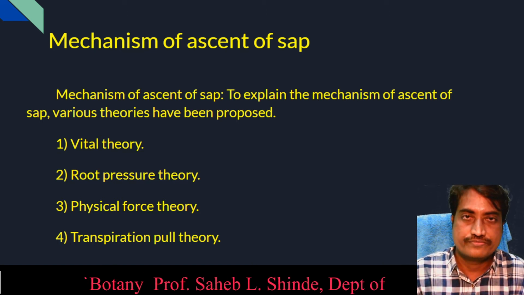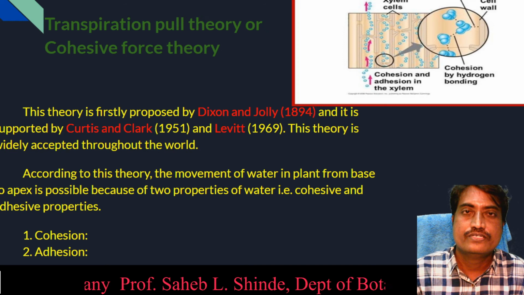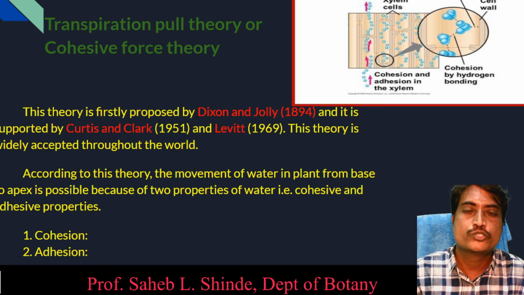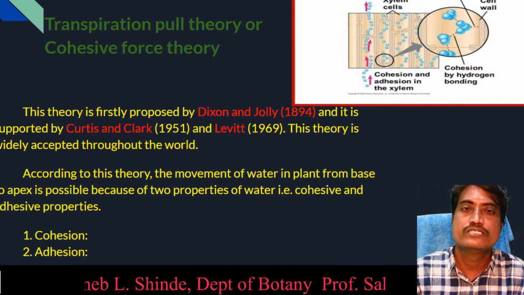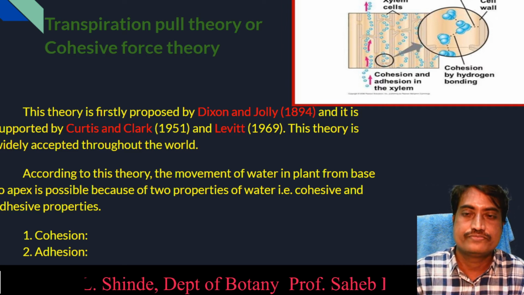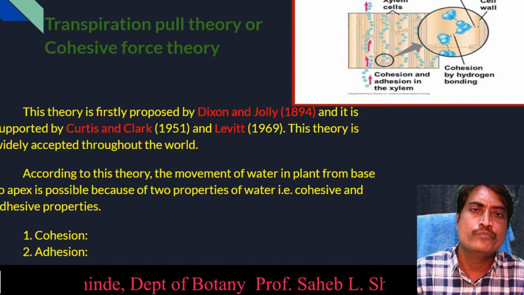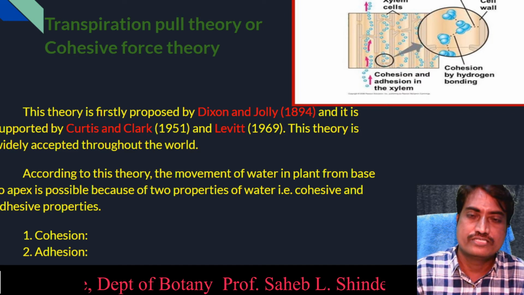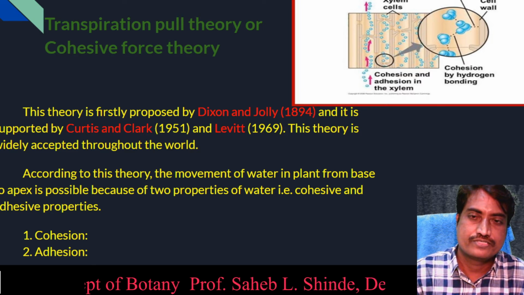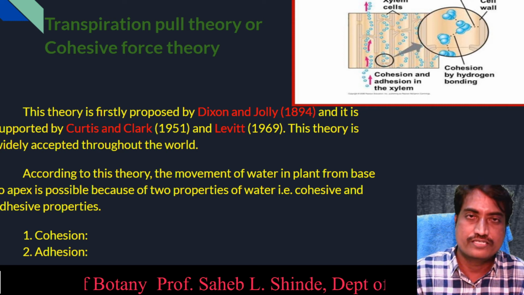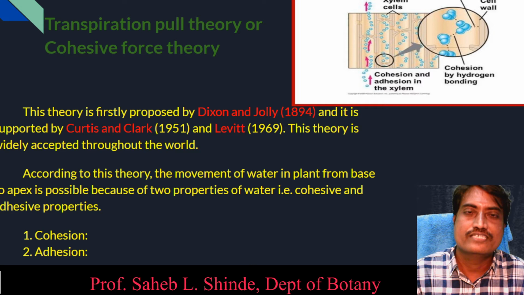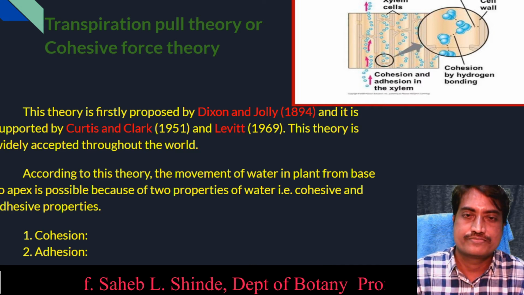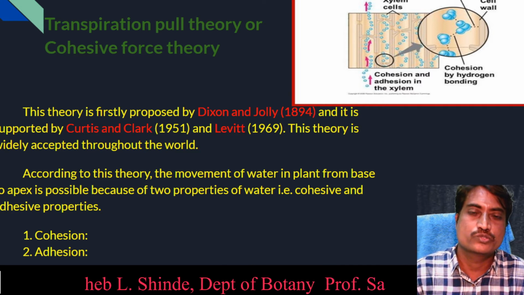Next, the transpiration pull theory. This theory was explained by Dixon and Joly in 1894. The meaning of the theory comes under the title of that theory. Transpiration pull theory means there is definitely a role of transpiration in the absorption of water and its transport from the lower side to the upper side.